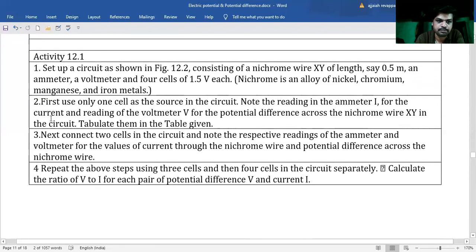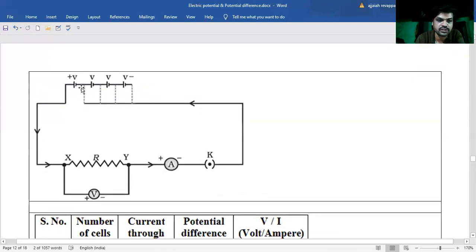Okay, second step. First, use only one cell as the source in the circuit. So we have to connect only one cell first, because gradually I am increasing the number of cells in 4 different trials. I am increasing the voltage, and I will study whether the current is going to increase according to the voltage.